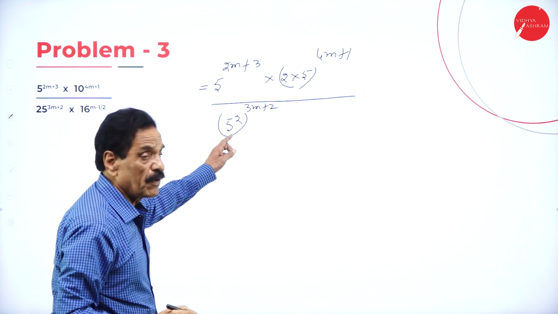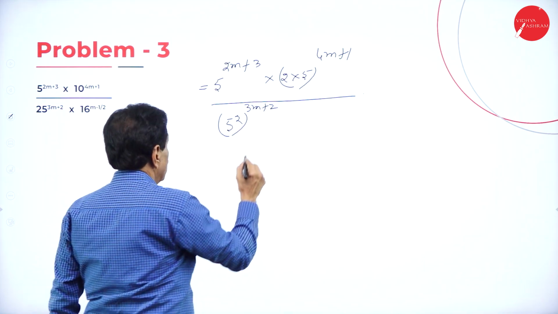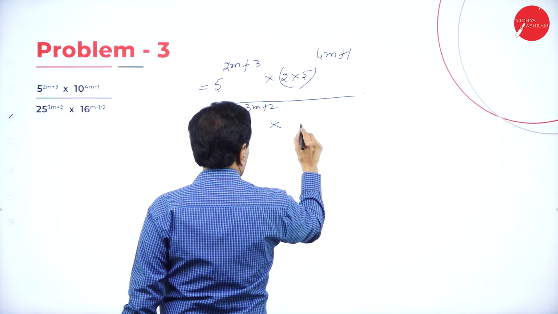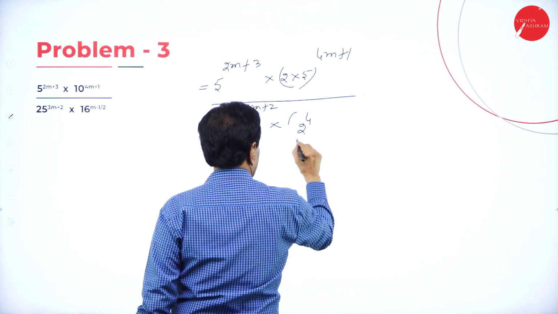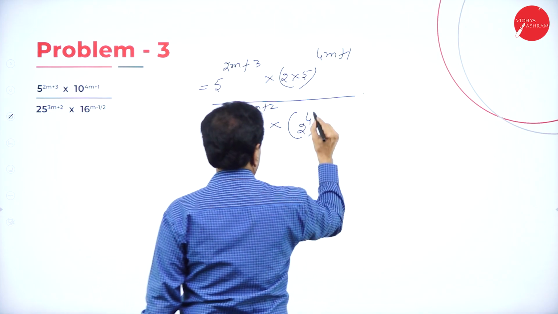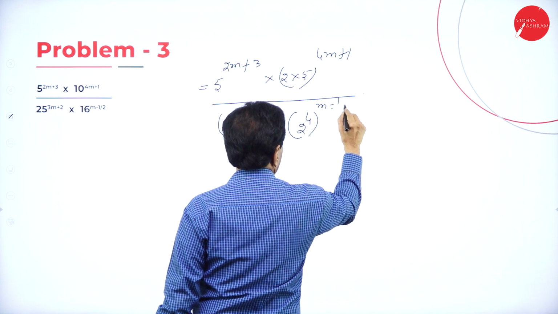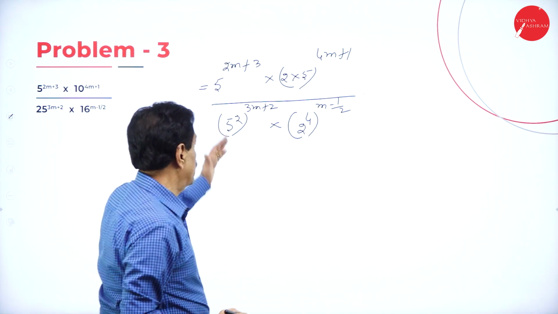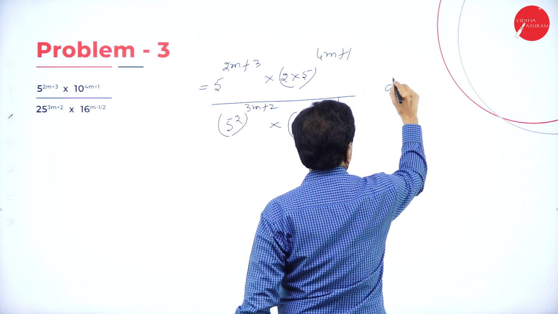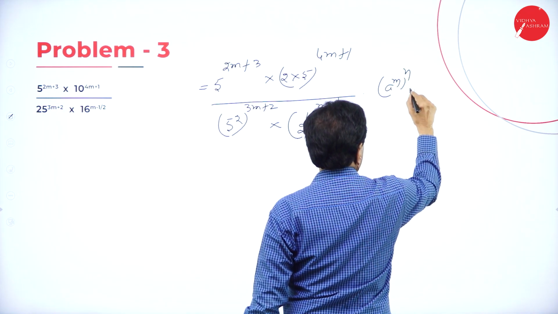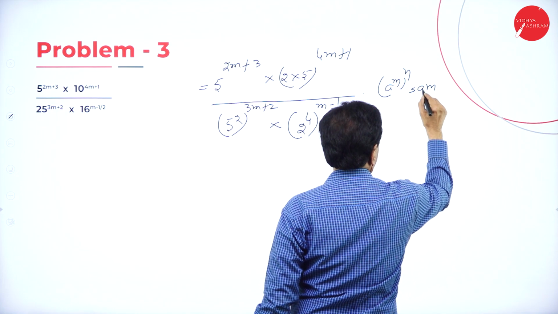This is a to the power of m to the power of n into 2 to the power of 4 m minus half. This is nothing but a to the power of mn.